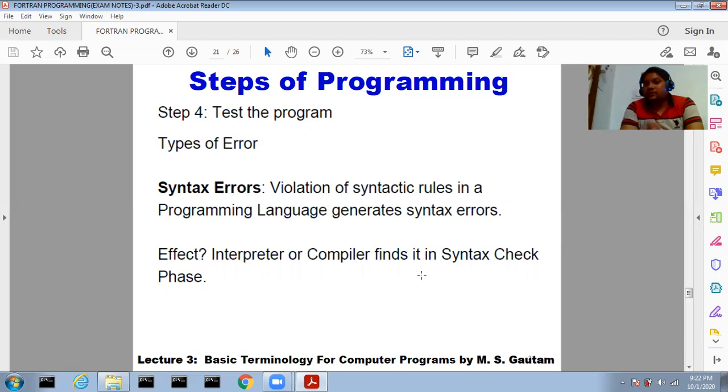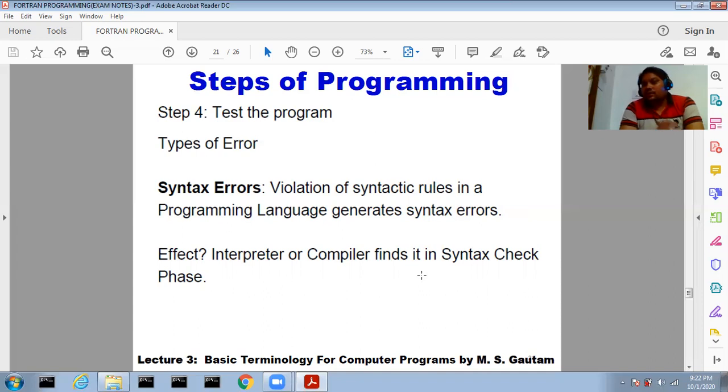So violation of syntax rules in a programming language generally generates syntax errors. An interpreter or compiler can easily find these syntax errors, and this will help us to locate these types of errors.